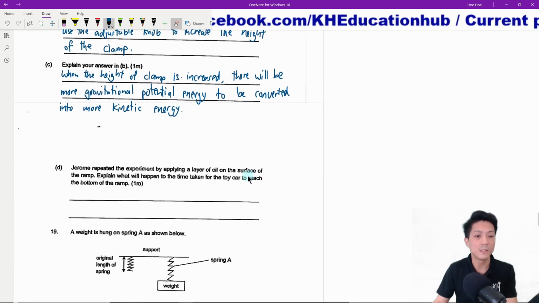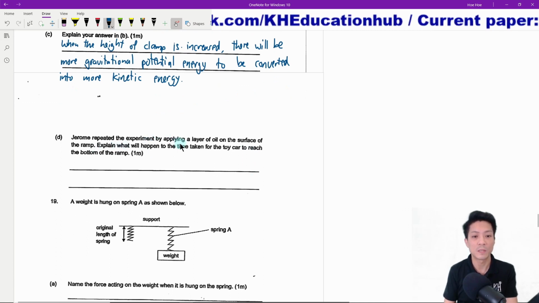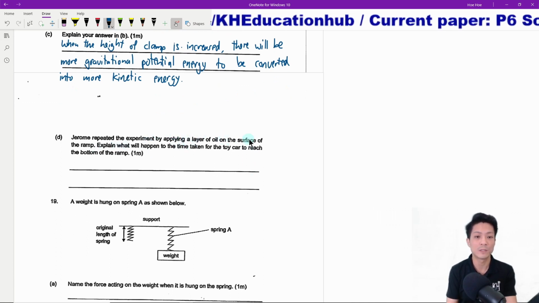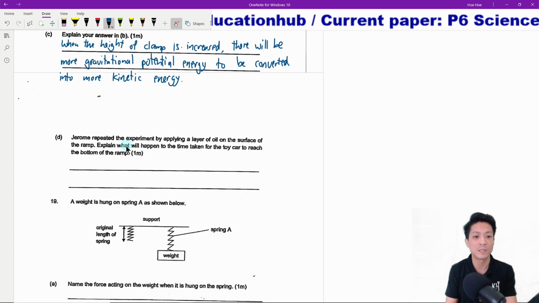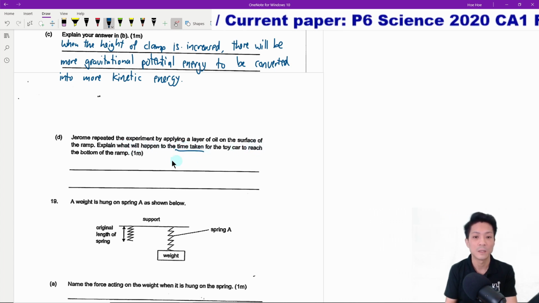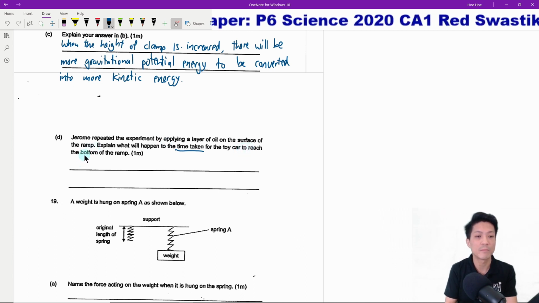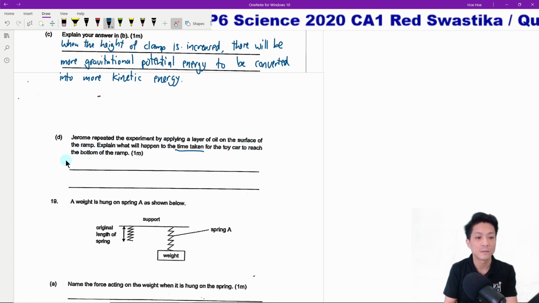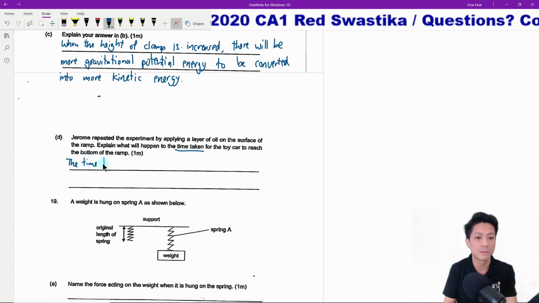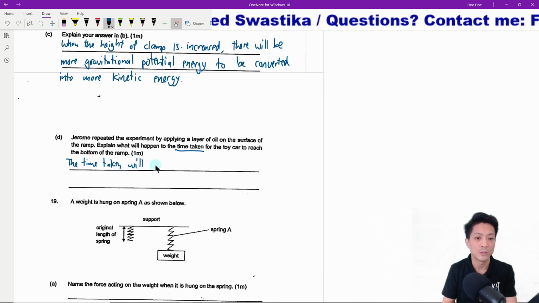Okay, for part D, Jerome repeated the experiment by applying a layer of oil on the surface of the ramp. Explain what will happen to the time taken for the toy car to reach the bottom of the ramp. Okay, the time taken will decrease.